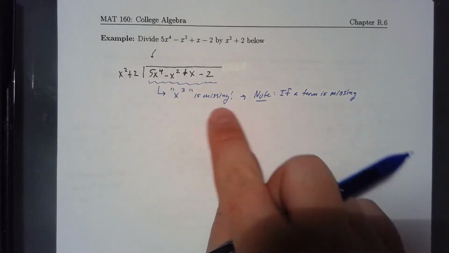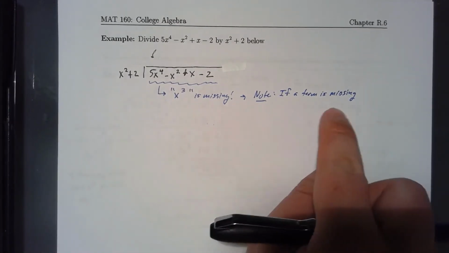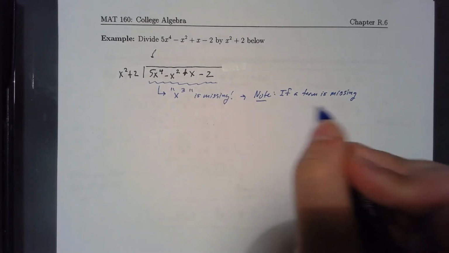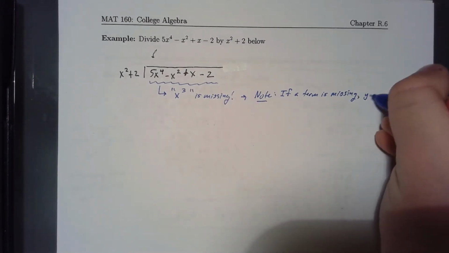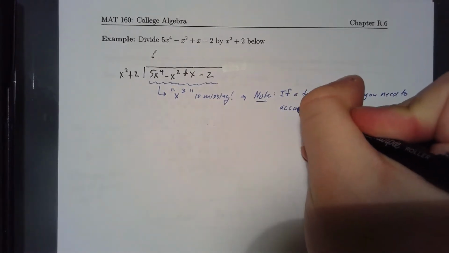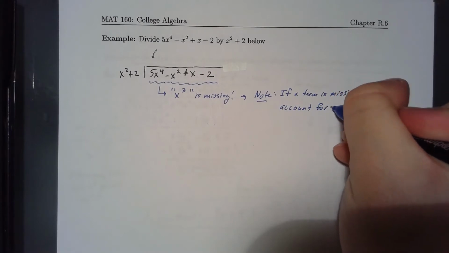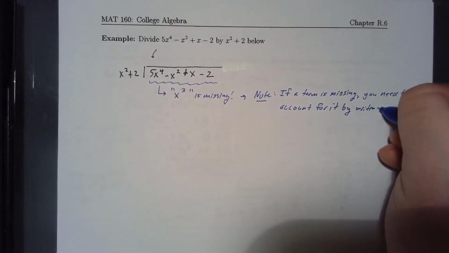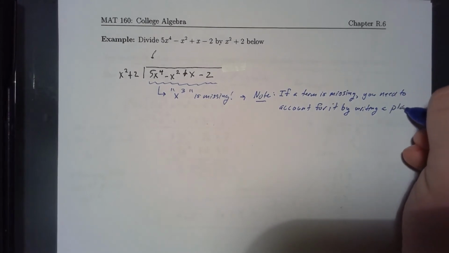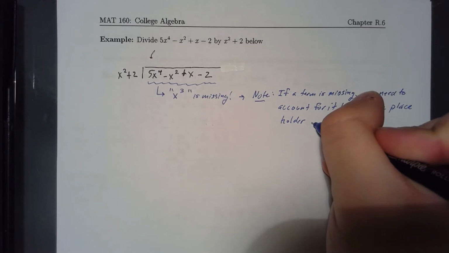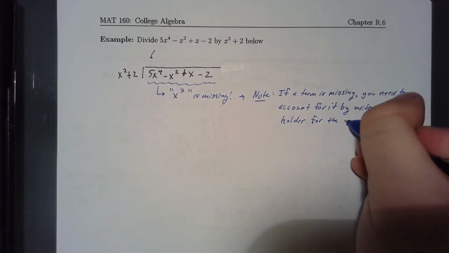So if a term is missing, like x cubed here, you have to account for it by writing a placeholder for the missing term.